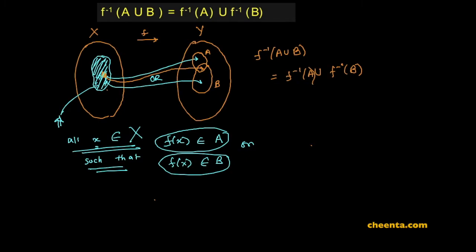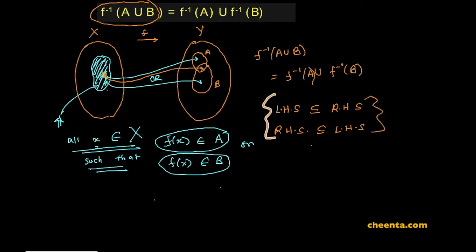You show that the left hand side, that is in this case this particular set, is a subset of the right hand side, and the right hand side is a subset of the left hand side. If you can show both of these, that would simply imply that left hand side and right hand side, both of these sets, are equal. This is a standard strategy of showing that two sets are equal.